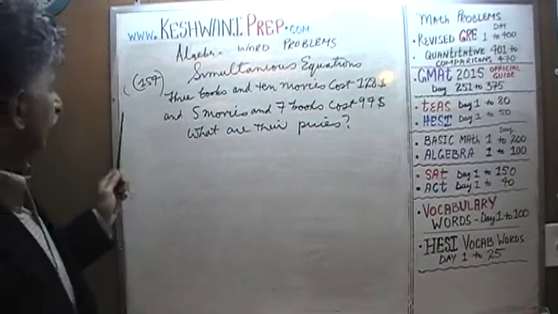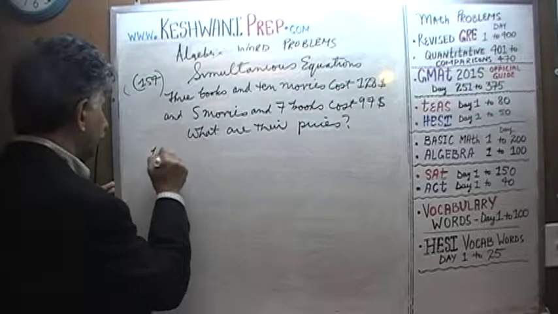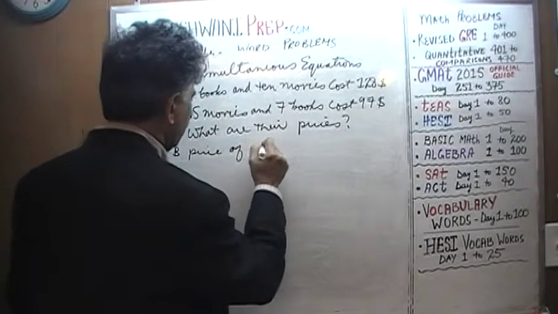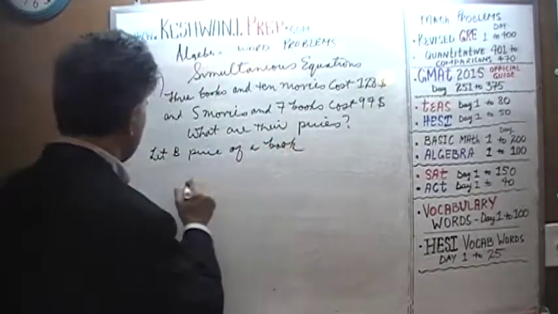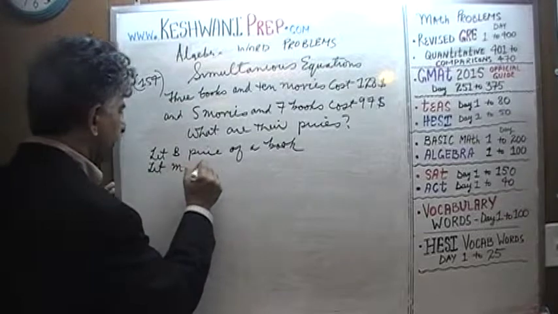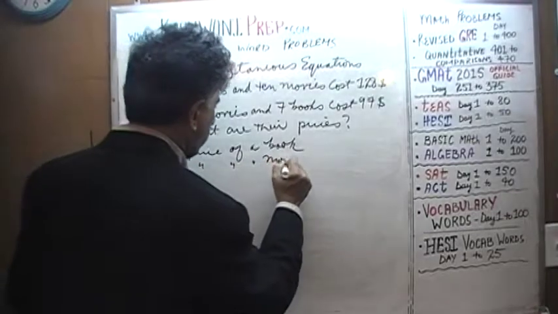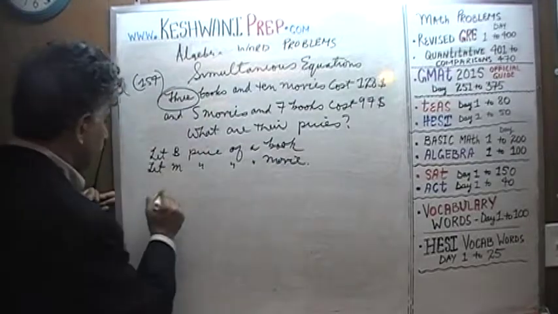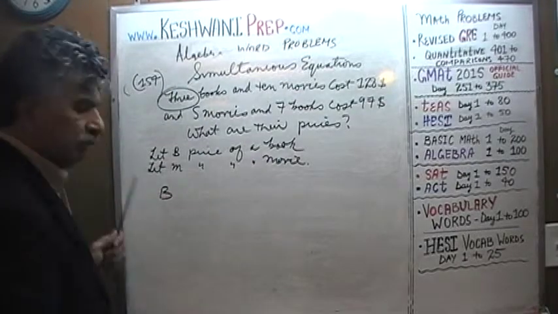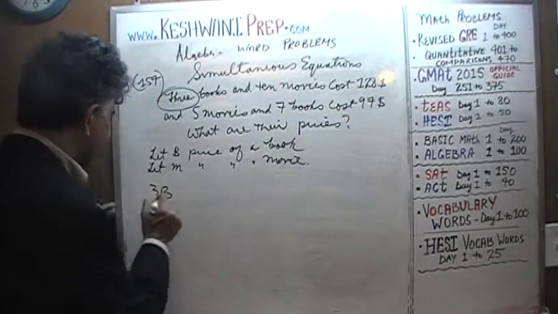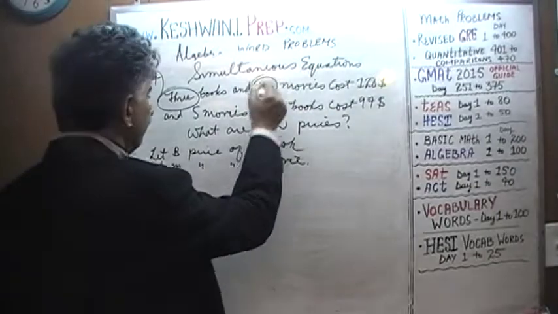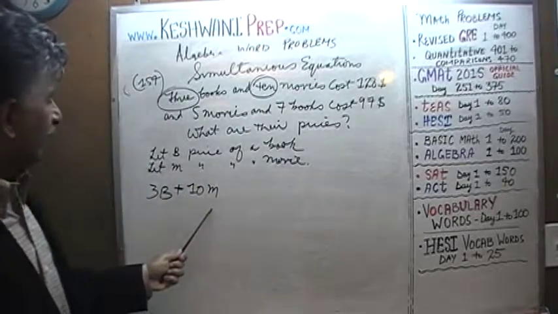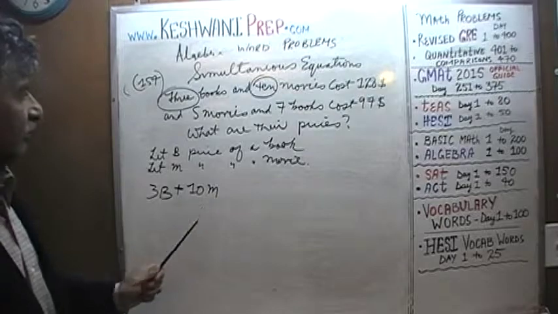So let B represent the price of a book, and let M be the price of a movie. If 1 book costs B dollars, then 3 books will cost 3 times B. If one movie costs $M, then 10 will cost 10 times as much.